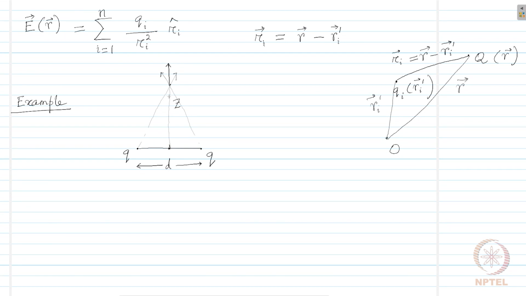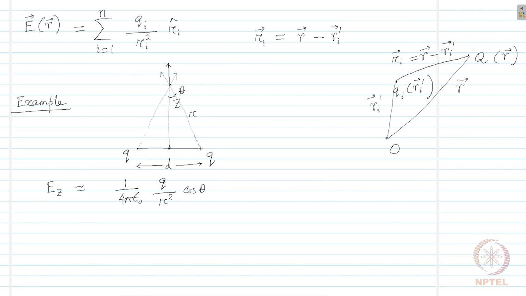If we consider this angle to be theta, then we can write down that the z component of the electric field from one charge q is 1 over 4 pi epsilon naught, q over r squared, cosine of theta, where this length is r.